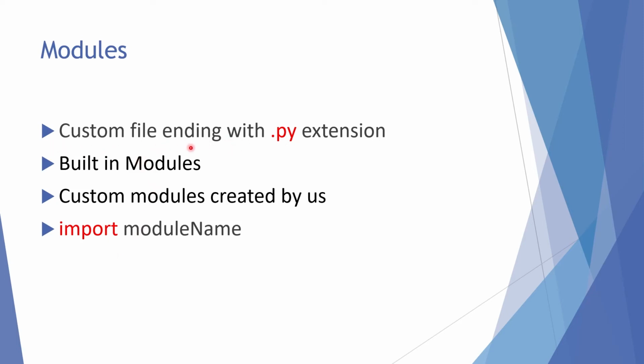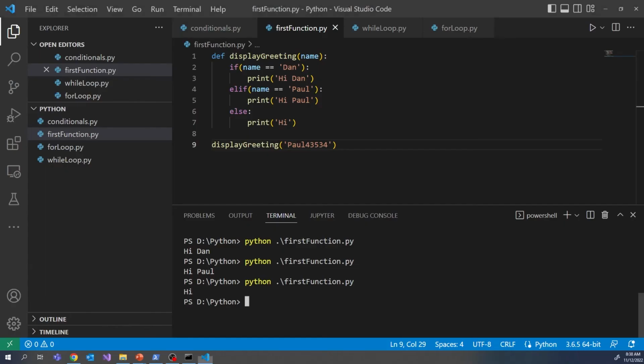We saw already that we create modules with files ending with the py extension. We have these built-in modules, and we also can create our custom modules. We will demonstrate this in Visual Studio Code, how to create a module and import it.